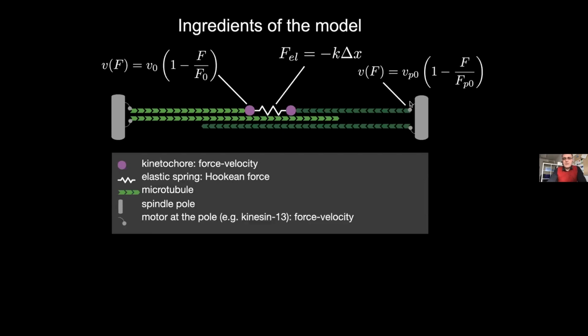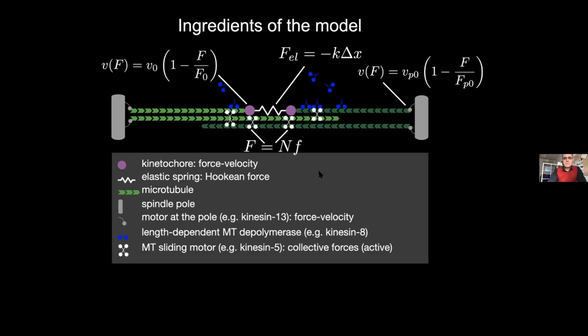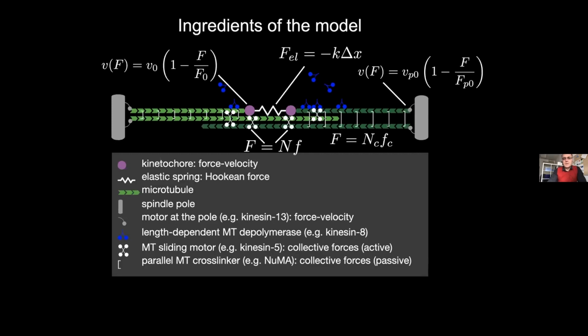Then we have motor proteins that are pulling at the pole, again described by force-velocity. We also have motors that are regulating depolymerization, and finally we have cross-linkers, motor proteins that are cross-linking antiparallel microtubules, and passive proteins that are cross-linking parallel microtubules.